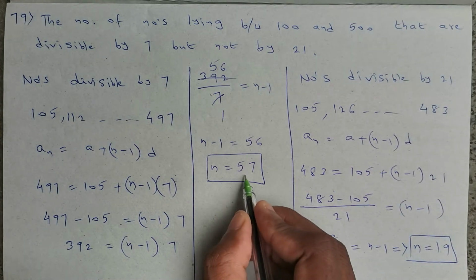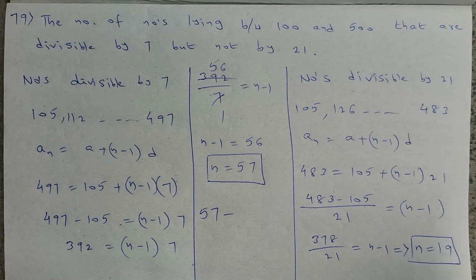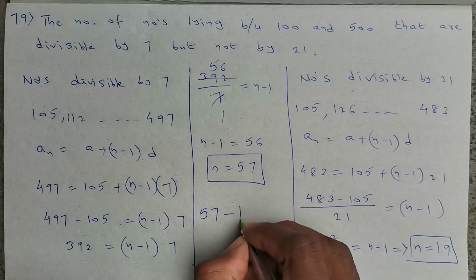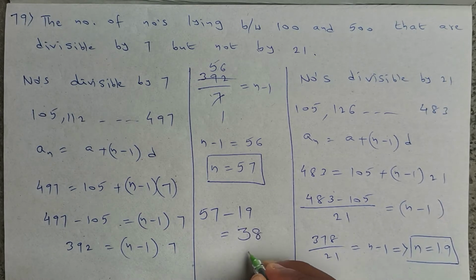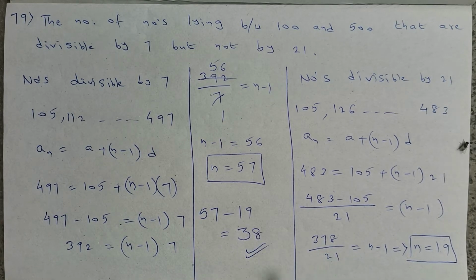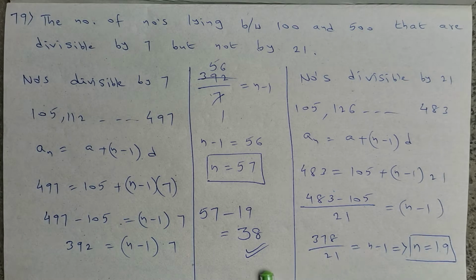So number of numbers divisible by 7, 57, minus number of numbers which are divisible by 21, 19. 57 minus 19 is nothing but 38. So in between 100 to 500, 38 numbers are there which are divisible by 7 but not divisible by 21.